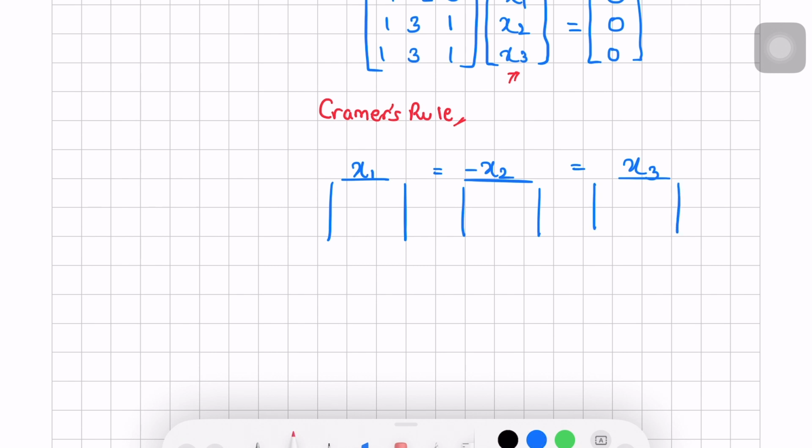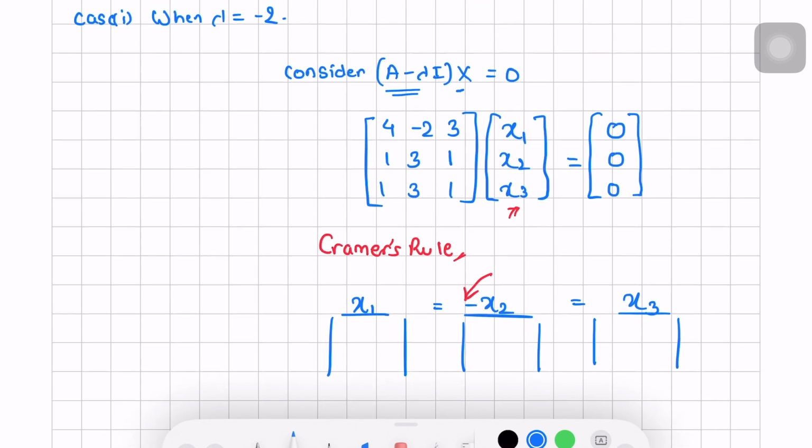The important thing in this is to remember this minus sign. Many students forget to write down this minus sign, and inside this box we need to write down a 2 by 2 matrix.